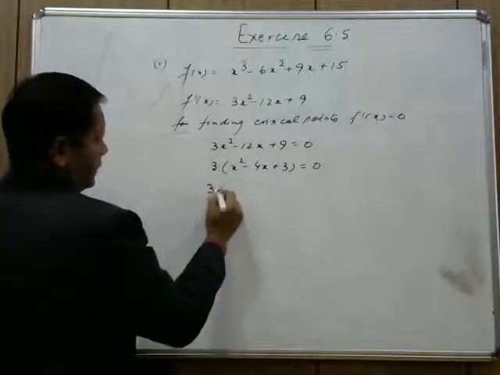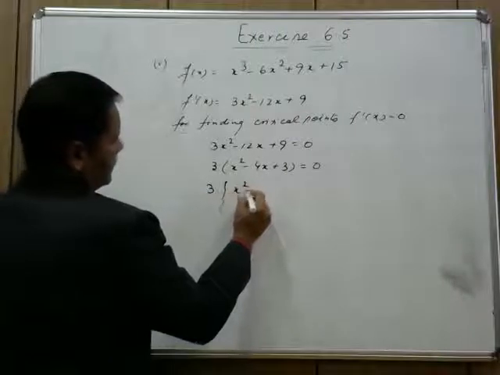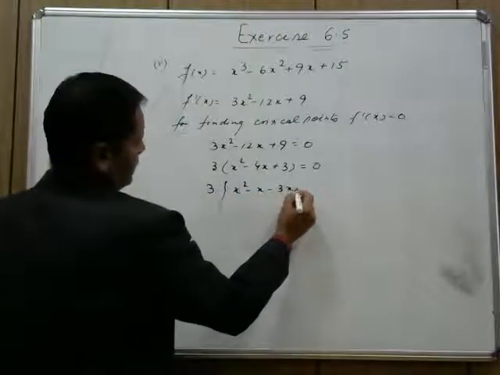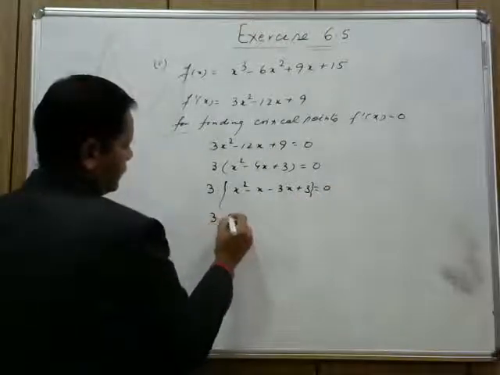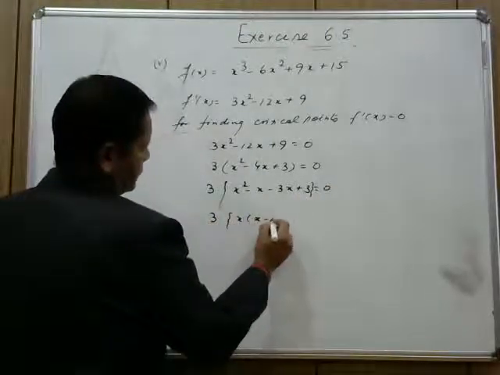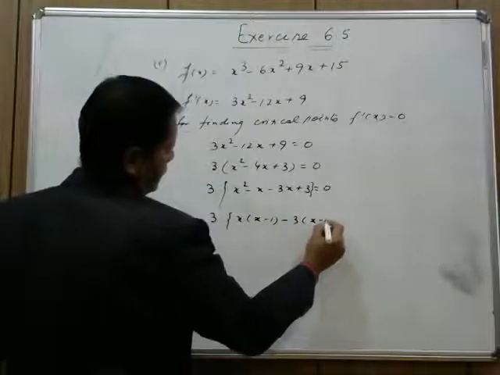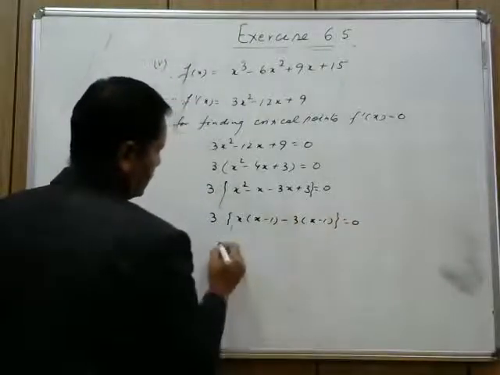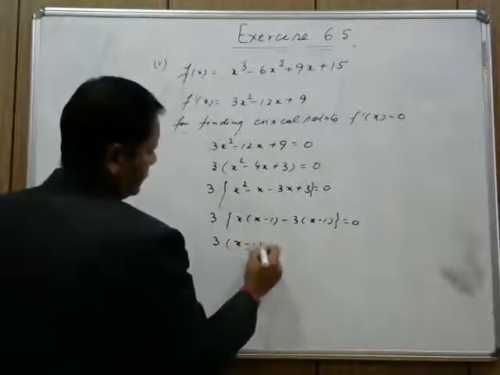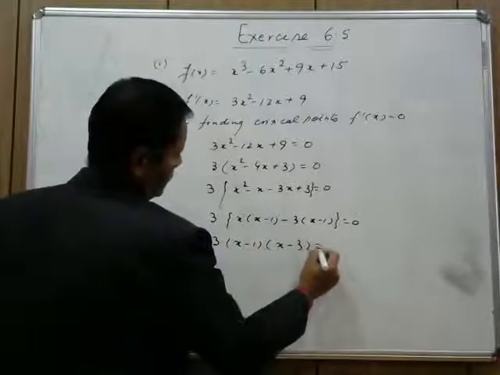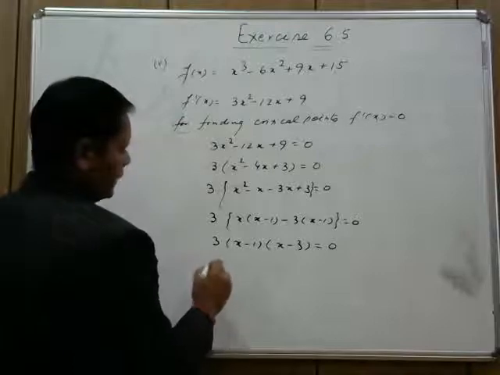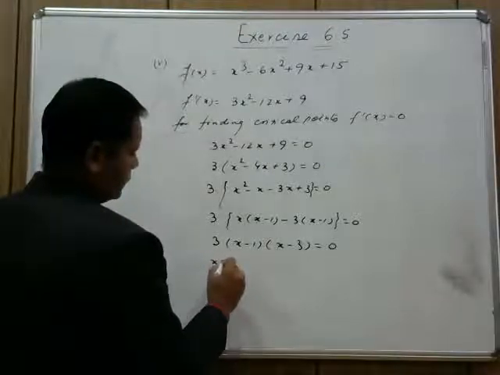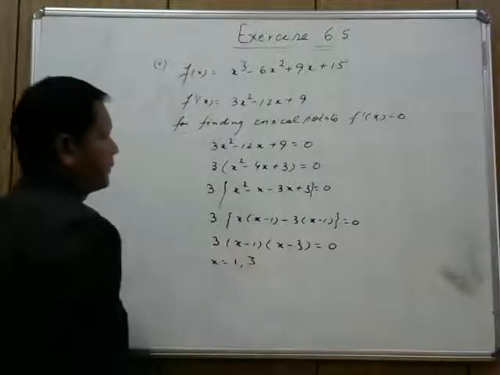That means x square minus x minus 3x plus 3 equals 0, x(x minus 1) minus 3(x minus 1) equals 0. That means (x minus 1)(x minus 3) equals 0. Now we have two critical points, that is x is equal to 1 and 3.